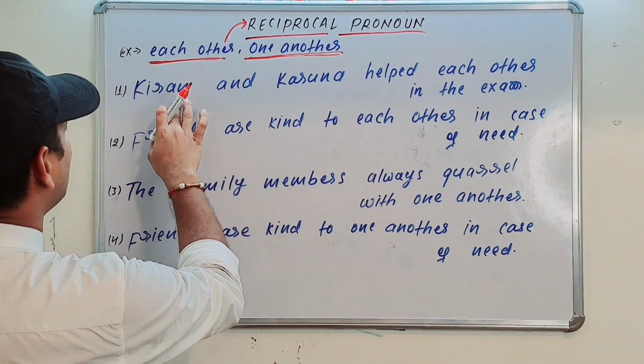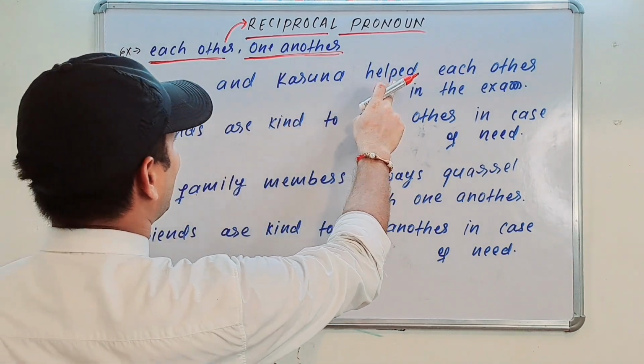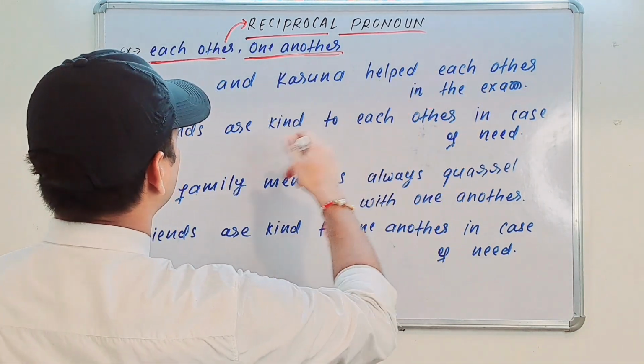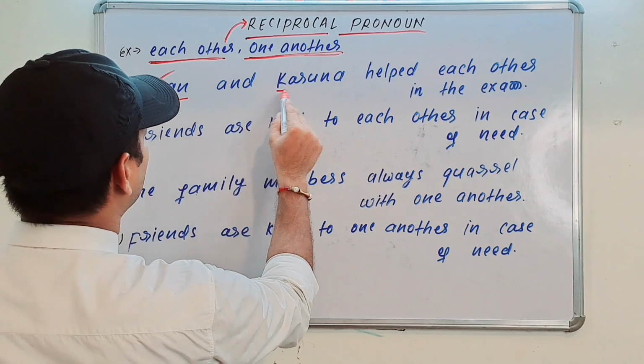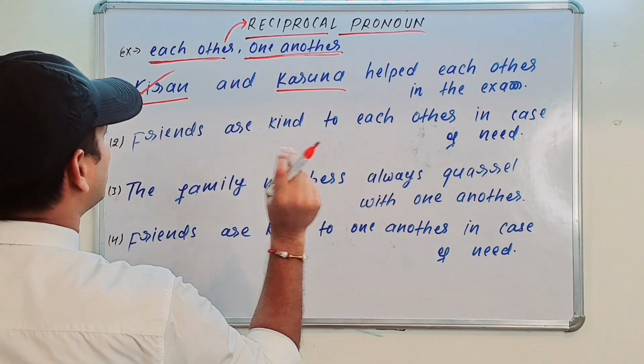So here see, Kiran and Karuna help each other in the exam. Right sentence, because there are only Kiran and Karuna, only two girls.